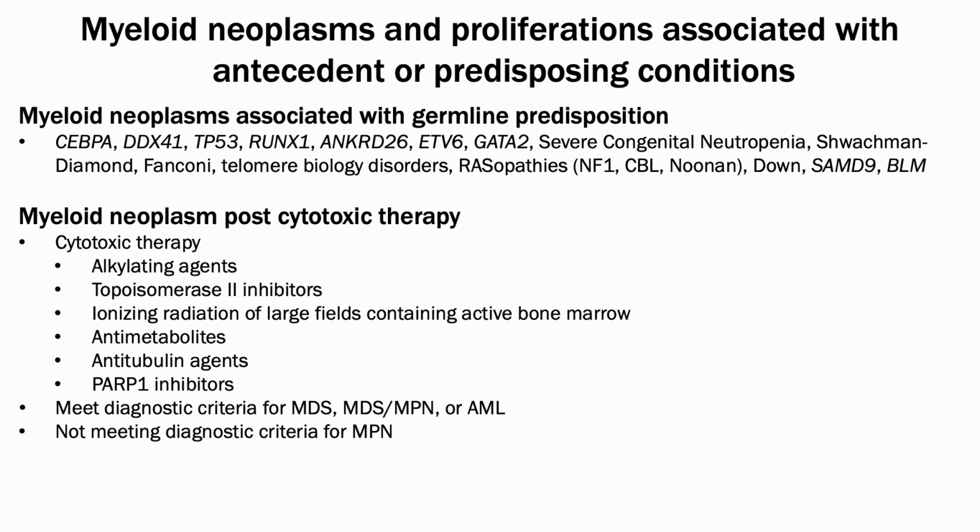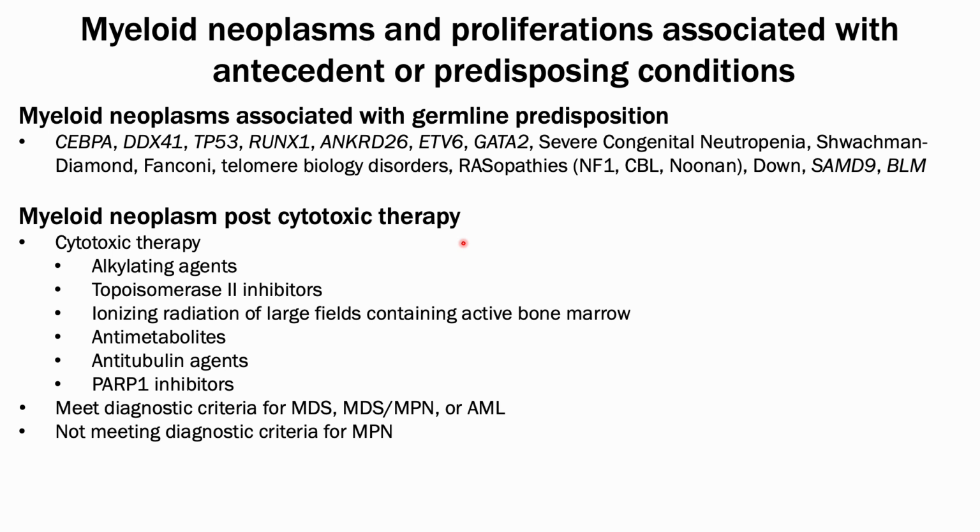Myeloid neoplasms associated with germline predisposition are themselves under a larger category of myeloid neoplasms and proliferations associated with antecedent or predisposing conditions. And this larger category also includes myeloid neoplasm post-cytotoxic therapy. So the WHO has a very large list of cytotoxic therapies which predispose to myeloid neoplasms.